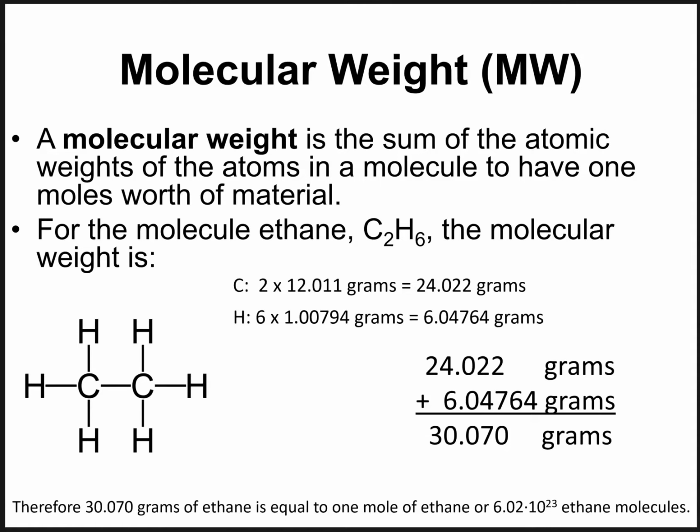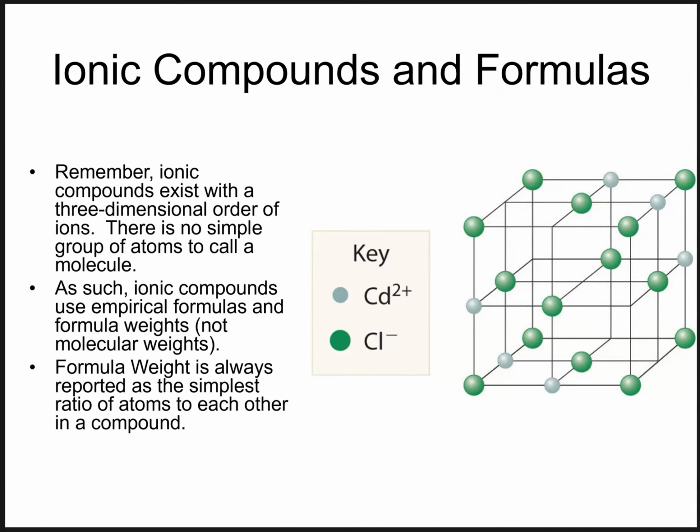If we switch to talking about ionic compounds and formulas, rather than dealing with a discrete number of atoms, we're talking about the ratio of cations to anions. Whenever you have a compound, you should first check to see that you have the lowest ratio of ions to each other, because if you don't do that, then you're going to get the second part wrong.